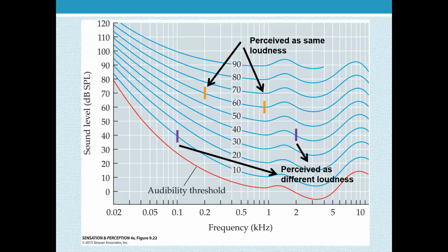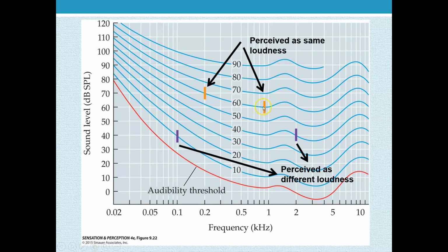Anything that falls on that line is going to have equal loudness, perceived as the same even though they're not presented at the same intensity. For example, here we've got a 0.2 kilohertz tone presented at 70. And here we have a 0.8 kilohertz tone that's being presented at 60.